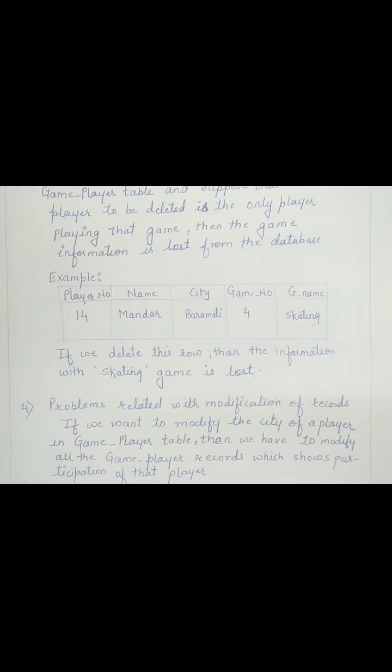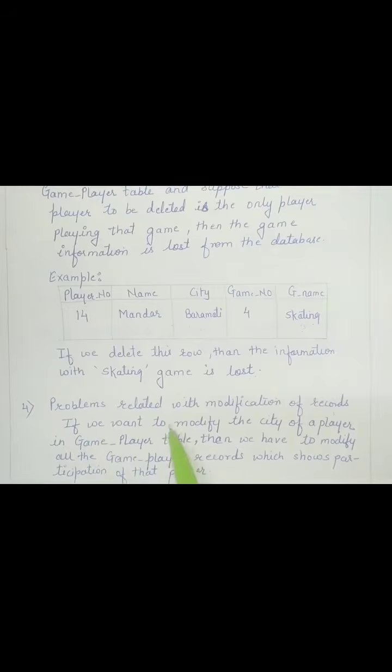Another pitfall is problems related to modification of records. What will happen when we try to modify records in a table which is not normalized? We will see this with an example.